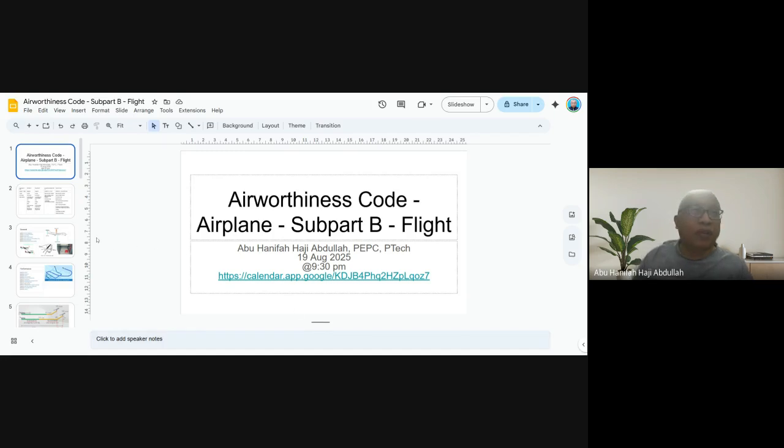I will talk about, we have completed the subpart A. Now it's subpart B, which is flight. Then later we continue with subpart C, subpart D, subpart E, F, G, and H. H is the latest where there is a requirement for the EVs.